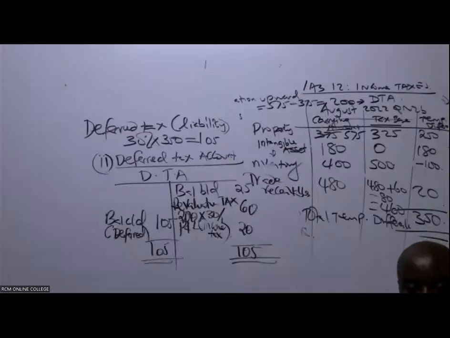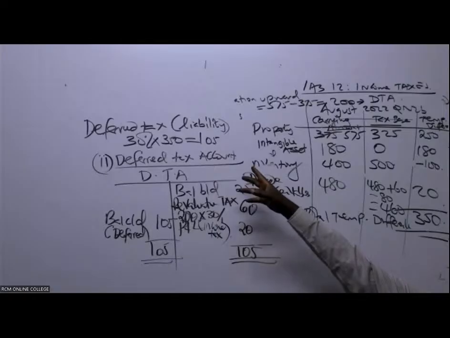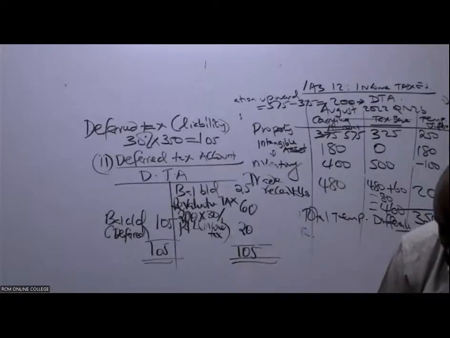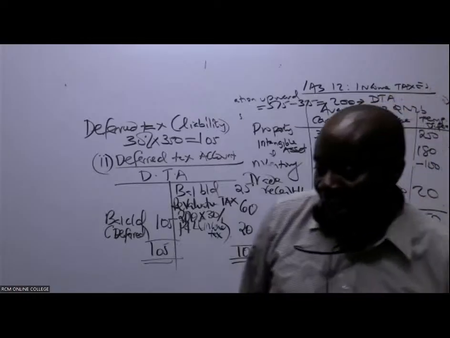What if it was taken as an asset? Are you talking about this 105 if it was negative? The 350, if 350 was an asset? If it is a deferred tax asset? Mwikali, are you talking about the 350 being negative? Yes, no problem. If it's negative, you'll simply put straight out that this is an asset.